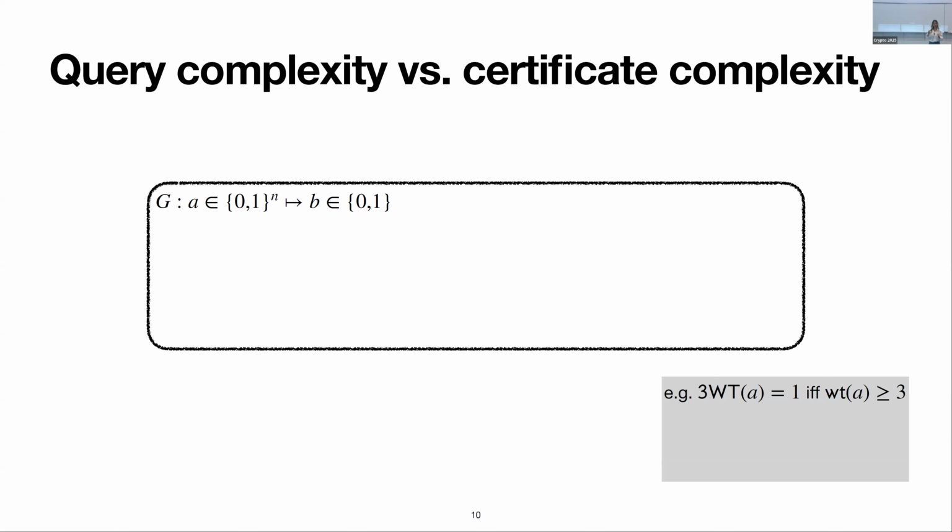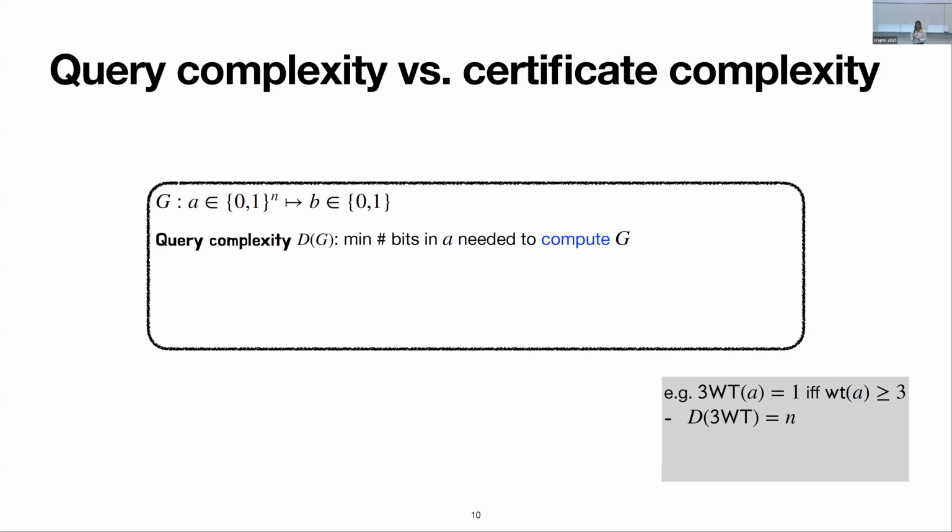As an example, we can consider this 3 Hamming weight problem, where it takes input a and it outputs 1 if and only if the Hamming weight of a is at least 3. That's a very concrete problem, and it's one instantiation of g. And query complexity, D of g, is just the minimum number of bits in a I need to read to compute g.